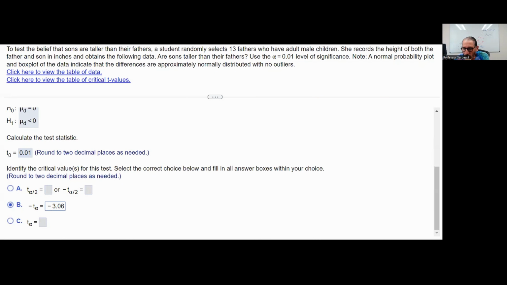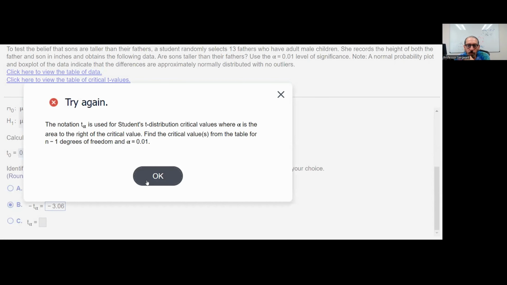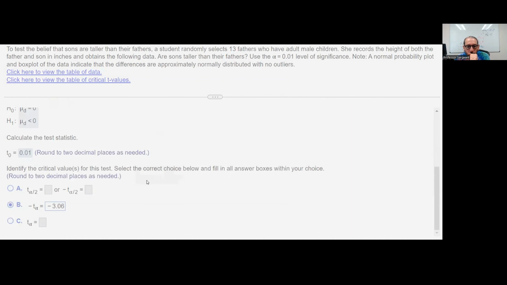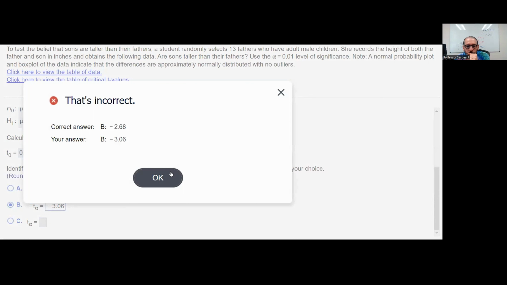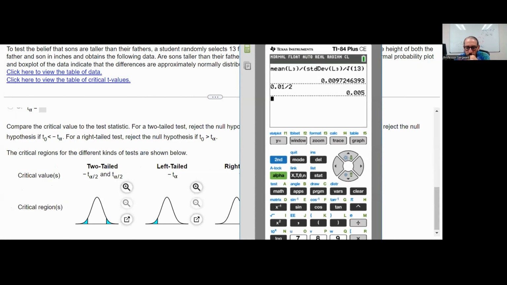Okay. Let's just press check answer twice and see what they're saying. Oh. Okay, a little bit tired here. I did not need to divide by 2.